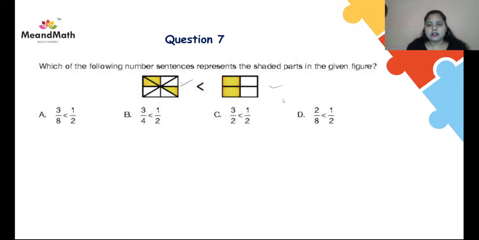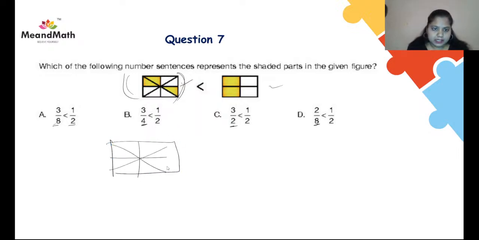Before going on, we can see that the left side part has 8, 4, 2, 8. So before continuing, we should check whether we can eliminate the left one. If you are getting a correct left option, we can continue with it. First we'll find the shaded part here, because clearly there are 8 here.